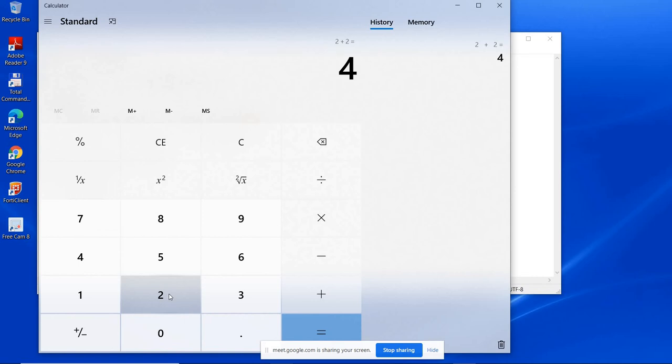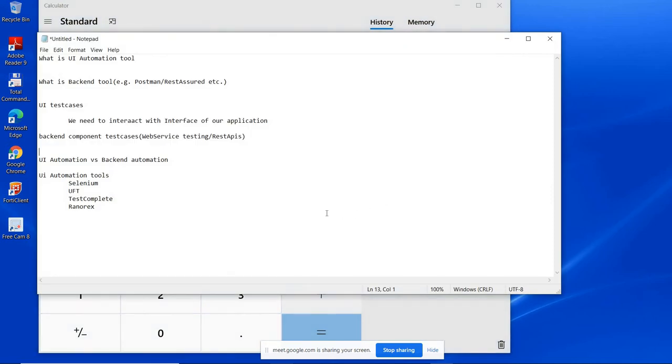Now the question comes here: how would a UI automation tool be able to identify the element? Because element identification is the first and foremost thing for it, right? Now let's understand how a UI automation tool does it. A UI automation tool identifies the element based on three techniques. Which are those three techniques?